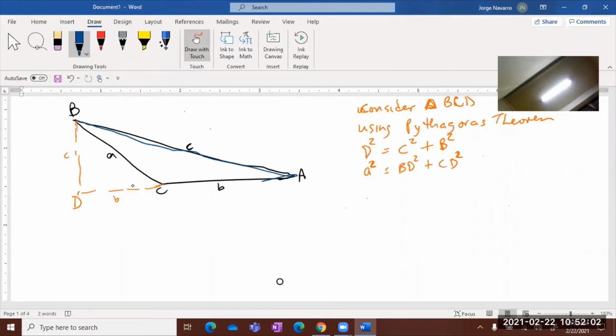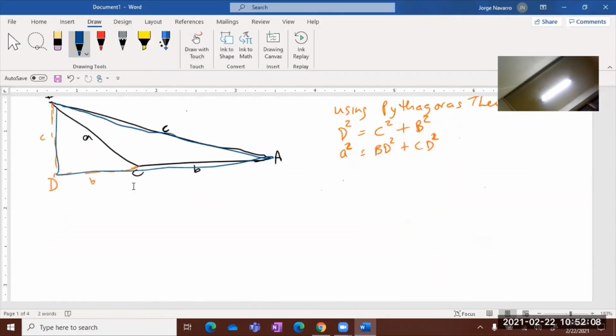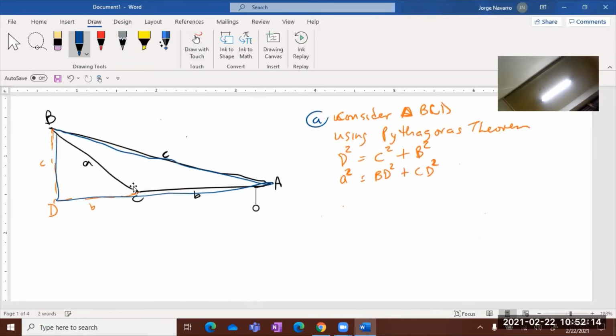All right, now the next thing I'm going to do is consider this right here, the whole big right angle triangle. I'm going to be using Pythagoras again. So this was step A, and this will be step B. This time I'm going to consider triangle ABD.